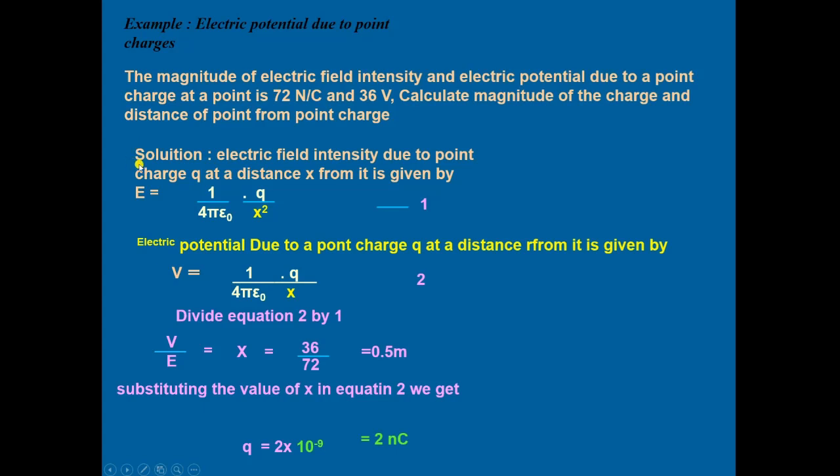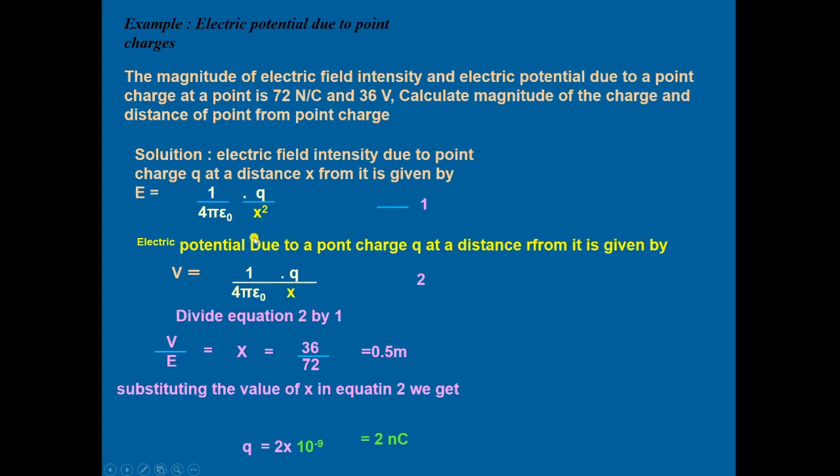Then we know that the electric field intensity due to the point charge Q at a distance x is given by E equals 1 upon 4 pi epsilon naught multiplied by Q by x square. Now the electric potential due to point charge Q at a distance x from it is given by 1 upon 4 pi epsilon naught Q by x.